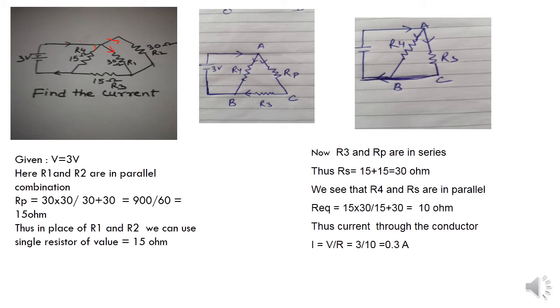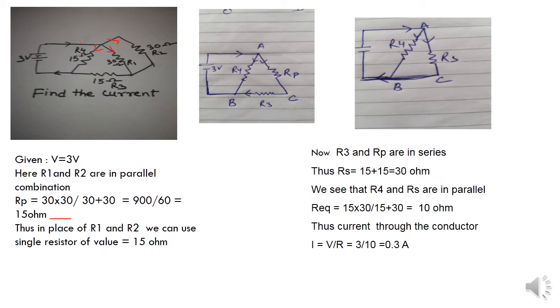Since there is a junction, these two parts are in parallel combination. First of all we have to find the value of this parallel combination, that is 30 and 30, so the parallel combination is 15 ohm.